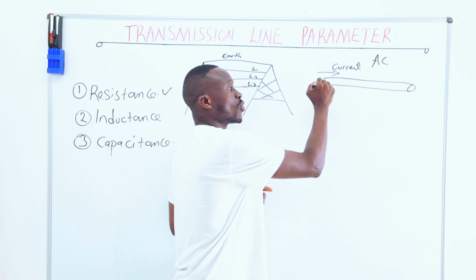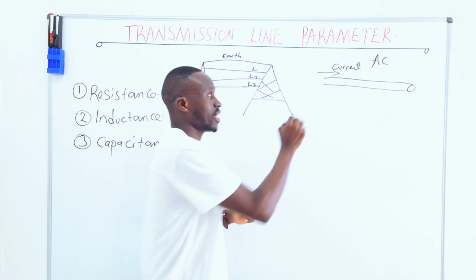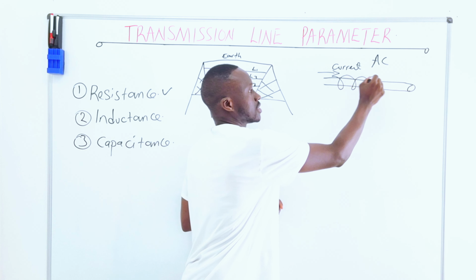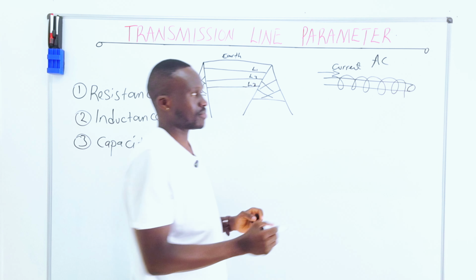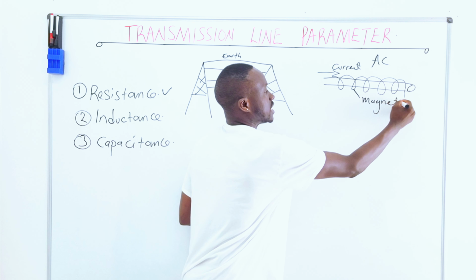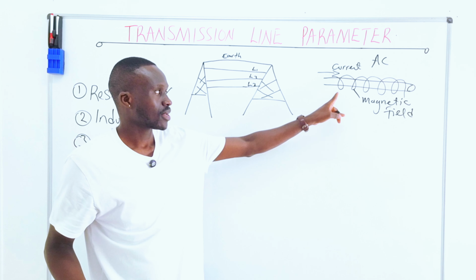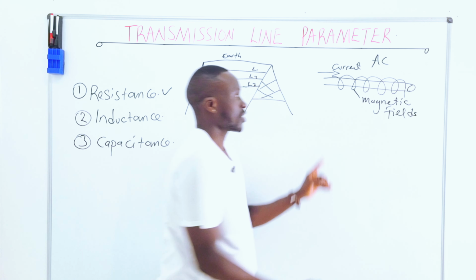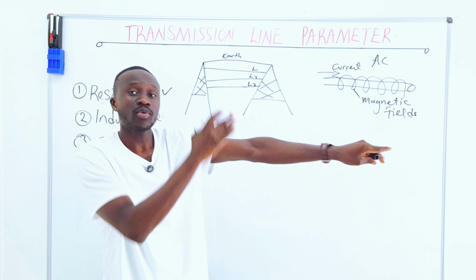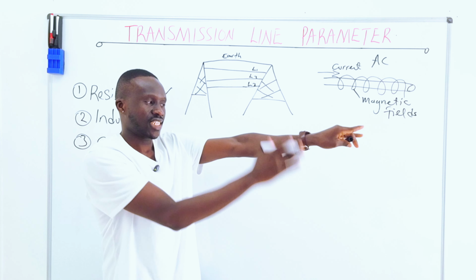When current is passing through a conductor, it creates magnetic fields around it. These are the magnetic fields around it.